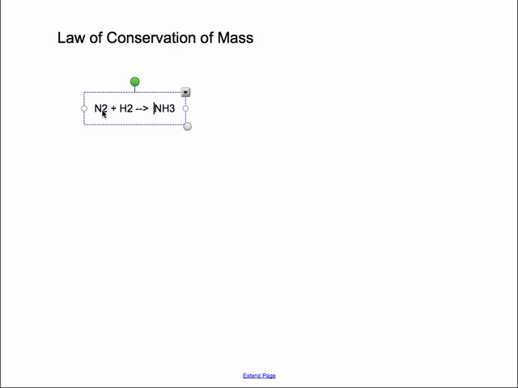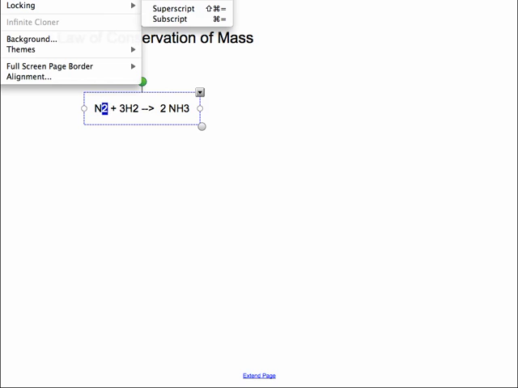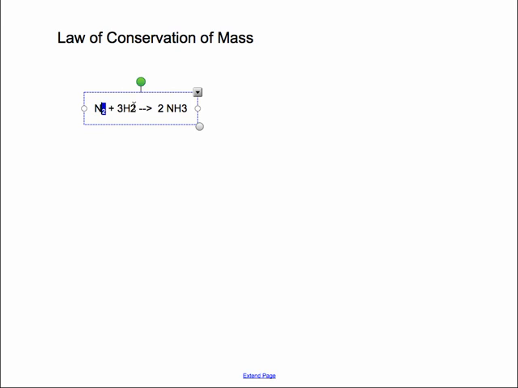And let me balance this first and format, so bear with me here, so that way it looks like it's supposed to. And I'll blow it up so you can see.